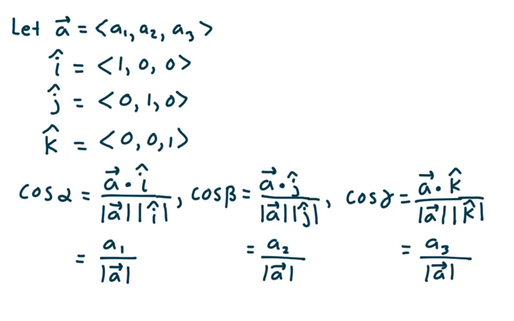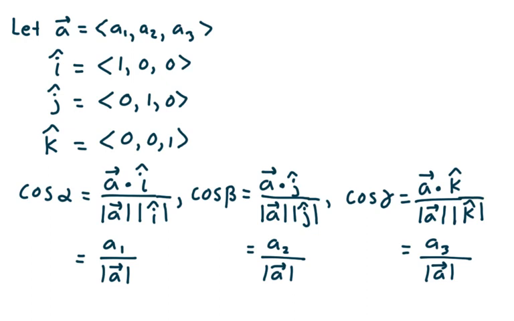Now, by choosing i, j, and k, that allows me to find the cosine of the angle between the vector A and the vector i, and in fact, that allows me to find alpha, beta, and gamma accordingly.